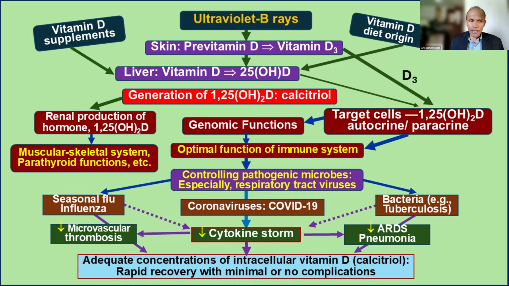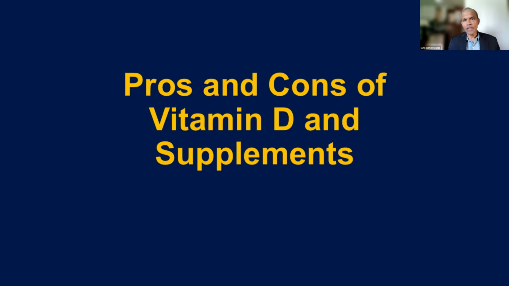This way they prevent three important problems: microvascular thrombosis, cytokine storm, which causes death basically, and acute respiratory distress syndrome and pneumonia, etc. So with sufficient intracellular production of calcitriol, not circulatory, there is rapid recovery from these disorders. That's how vitamin D helps us.